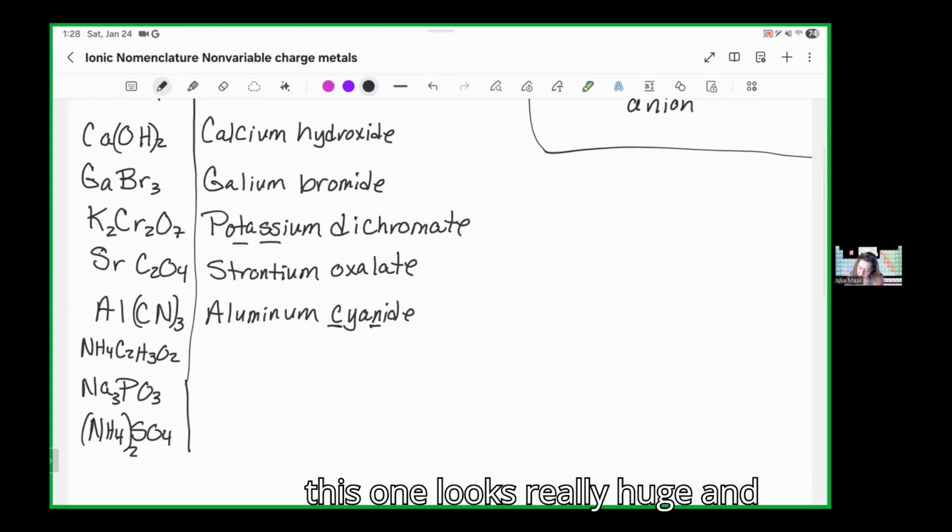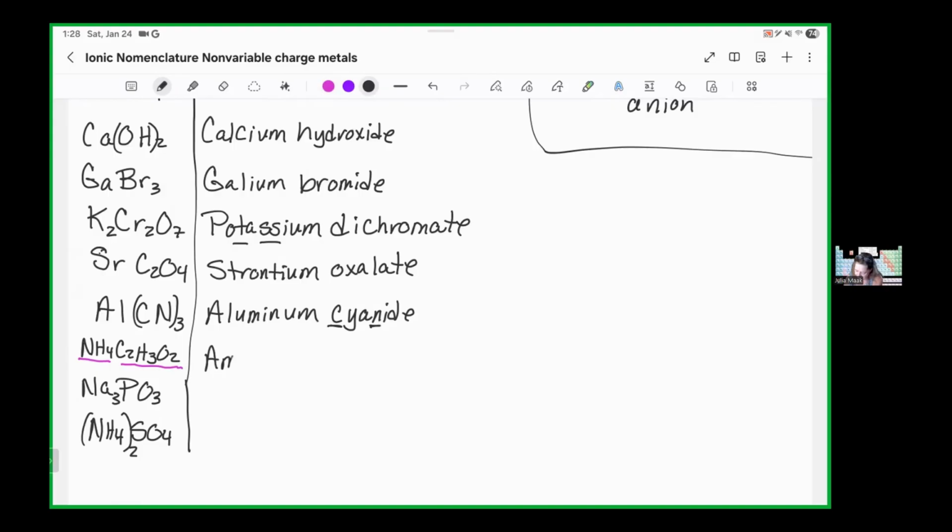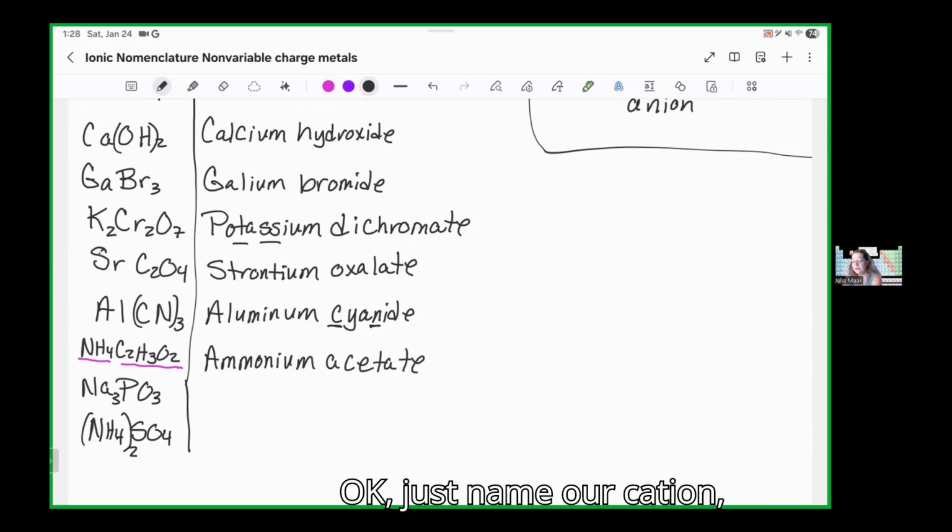This one looks really huge and scary, but recognize your 2 ions here. I've got ammonium, and I've got acetate. Just name our cation, name our anion. Na is sodium.